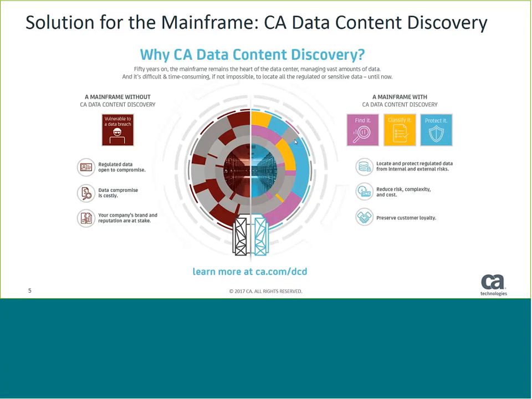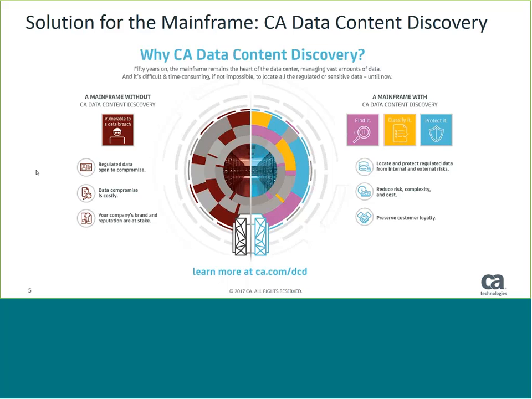Thanks. Okay, super. So as you see from the graphic that we put on screen, the left side represents the world that many of our mainframe customers are facing today, where they have an unknown amount of regulated data that is potentially harmful to the organization, represented by the brick red colored representation in the circular arcs.